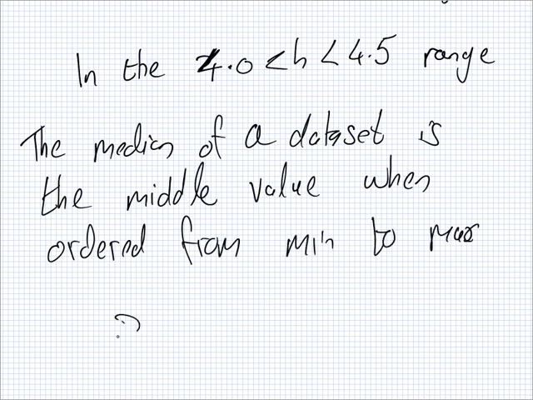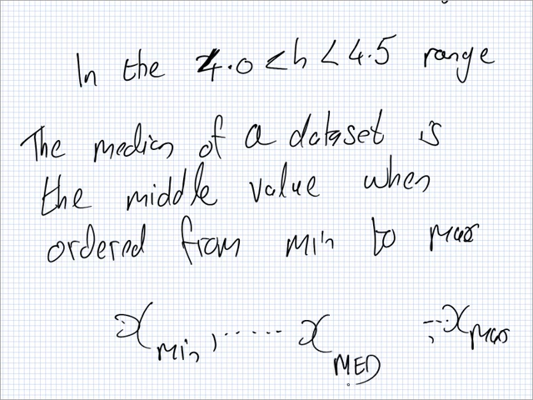So if you have x min all the way up to x max, the median is the one in the middle. But for this question, we know the interval that it is in. What would you estimate as the actual value? Good question, which they could actually ask.